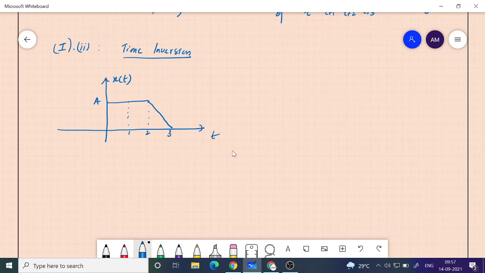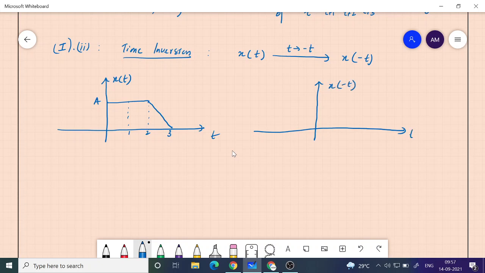Now time inversion means the transformation is like this. All these are transformations on the independent axis. So here what we do is t will go to minus t, or in other words x of t will go to x of minus t. Now what it does graphically: you have the signal x of minus t. Whatever was on the right side of the vertical axis goes to the left, like a mirror symmetry.